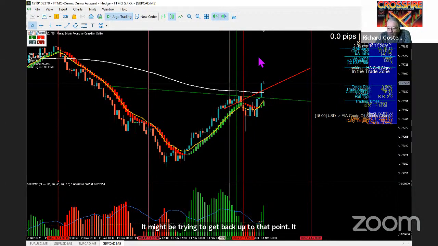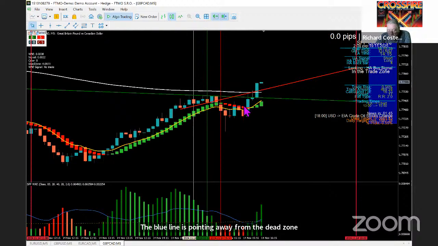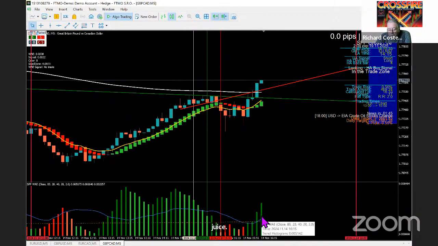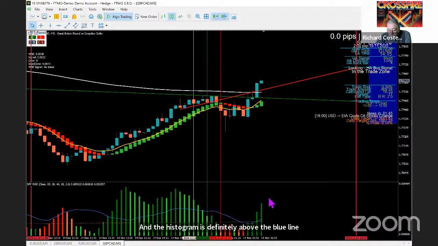But this is where you've got to start trusting your trading assistant. The reason it's not getting in right now is this isn't quite set up. The blue line is pointing away from the dead zone, just. And the histogram is definitely above the blue line. So we're looking more like a buy than a sell.